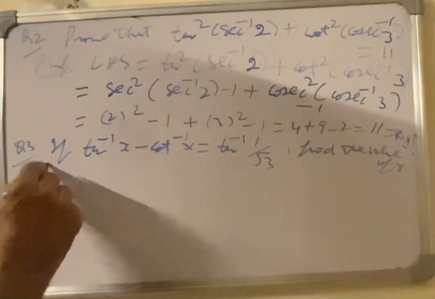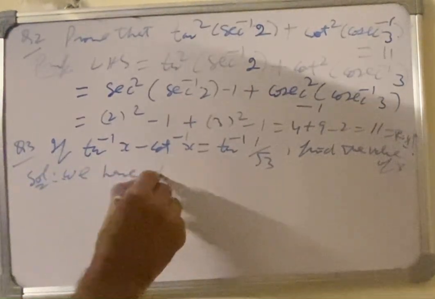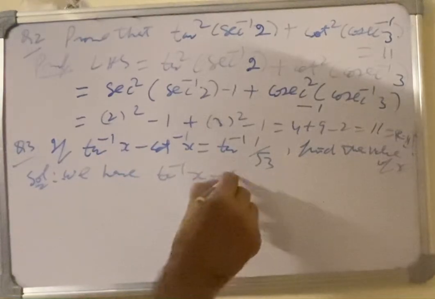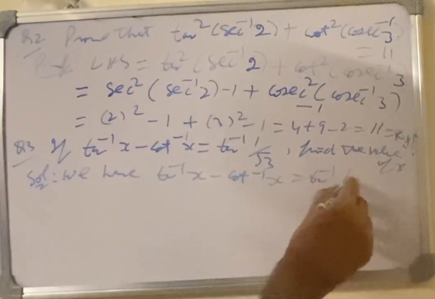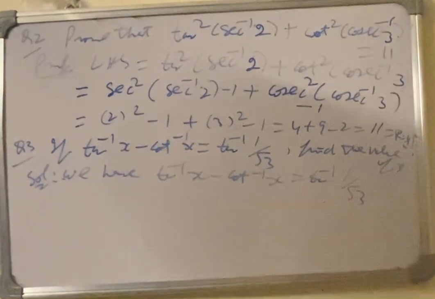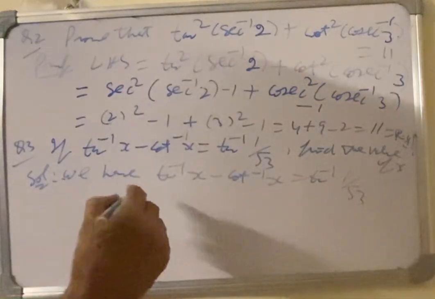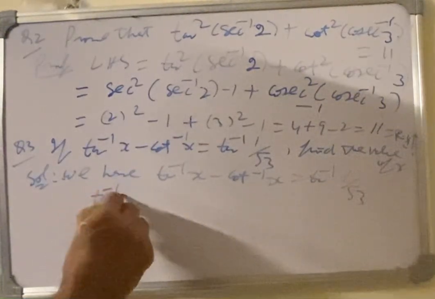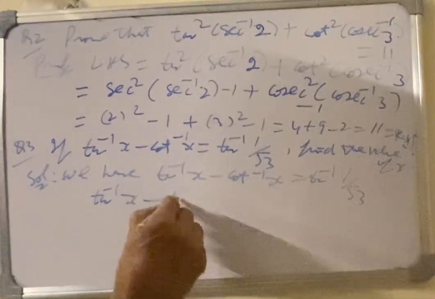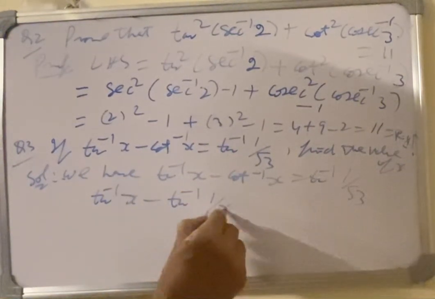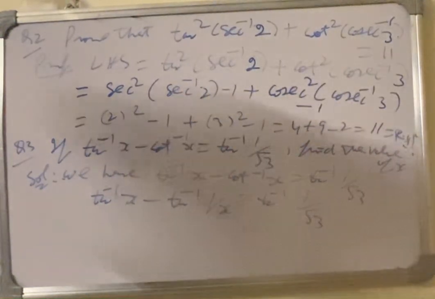Solution. We have tan inverse x minus cot inverse x is equal to tan inverse 1 over square root 3. Therefore, tan inverse x, you know cot inverse x is tan inverse 1 over x, is equal to tan inverse 1 over square root 3.